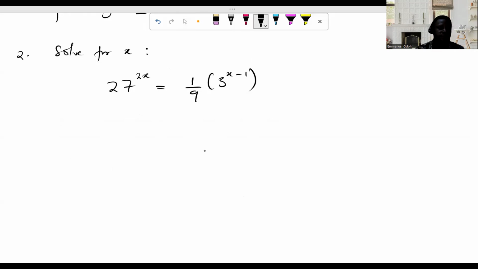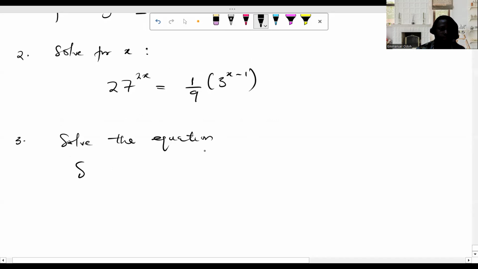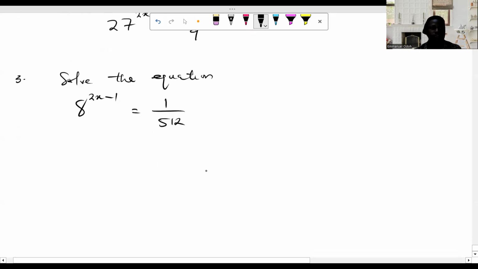Number 3, solve the equation 8 to the power of 2x minus 1 is equal to 1 over 512.